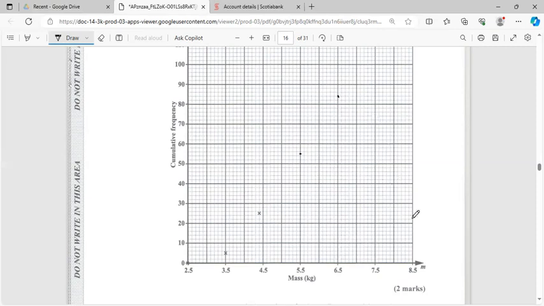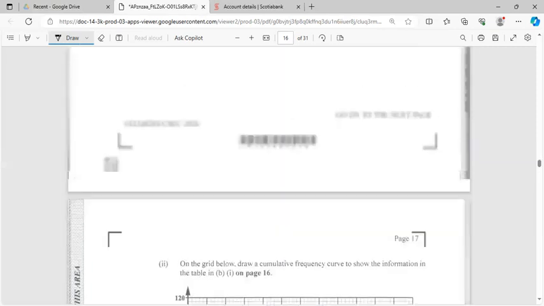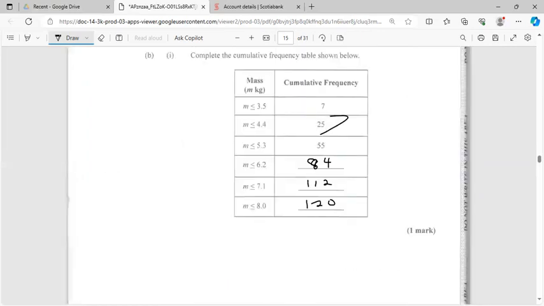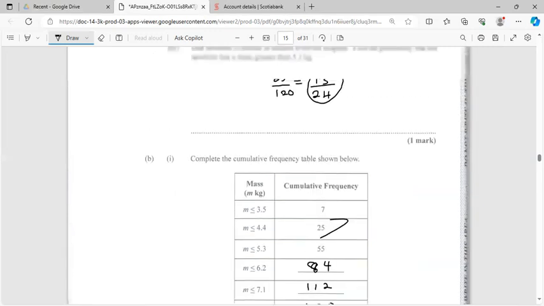Next one now, 7.5, was it 112? Oh, that's 7.1.